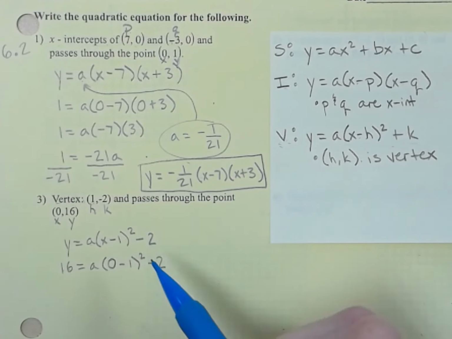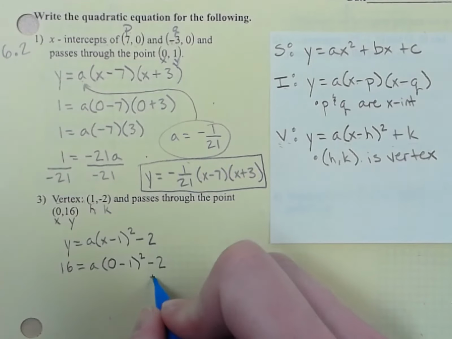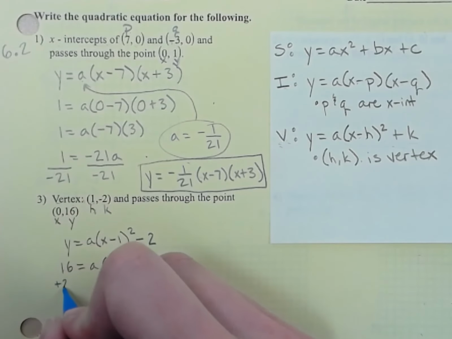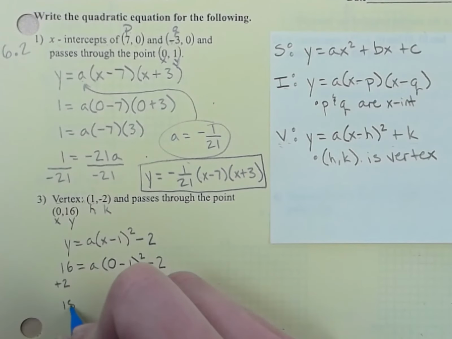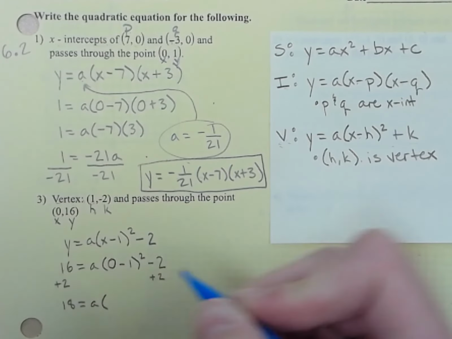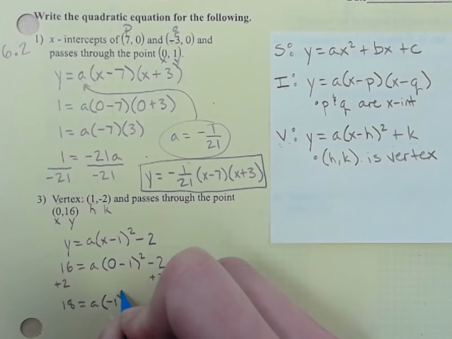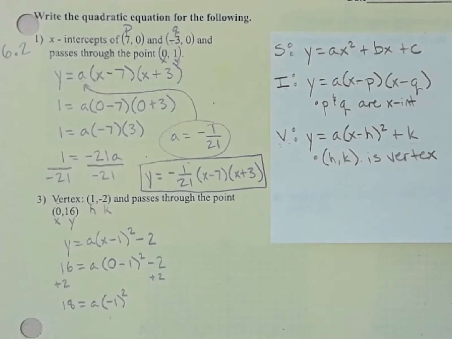In the same step, I'm going to add this 2 over to the other side, and I'm going to simplify this. So I get 18 equals a times negative 1 squared. Well, negative 1 squared, that's just positive 1. So this is just a times 1, which is just a, which is great because that's all I needed to solve for.